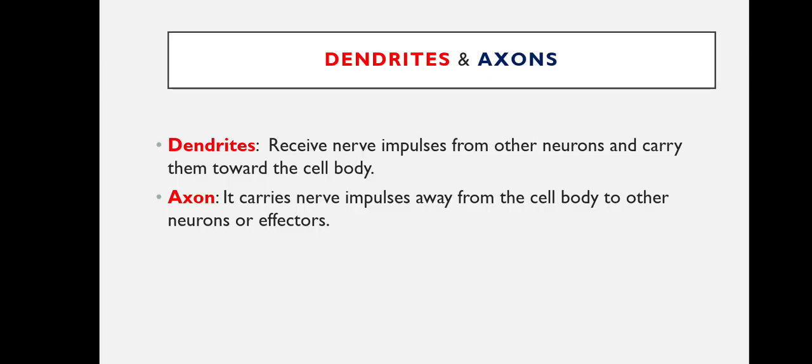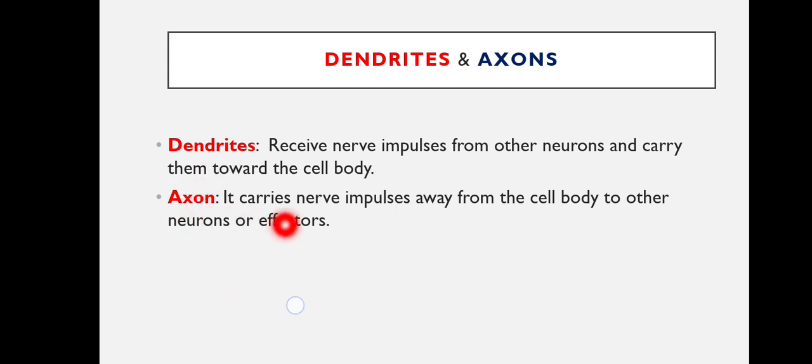For better and easy referencing, we have the dendrites which receive nerve impulses from other neurons and carry them towards the cell body. So their role is to receive nerve impulses from other neurons. In other words, I said collect nerve impulse from other neurons. And then how about the axon?